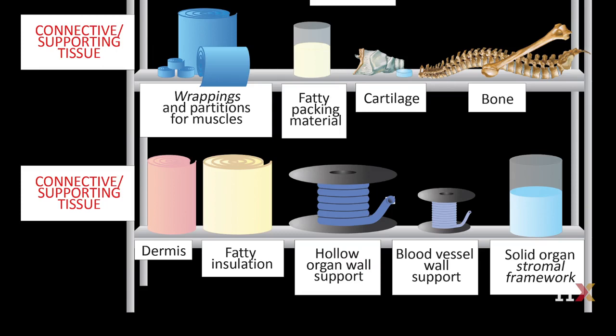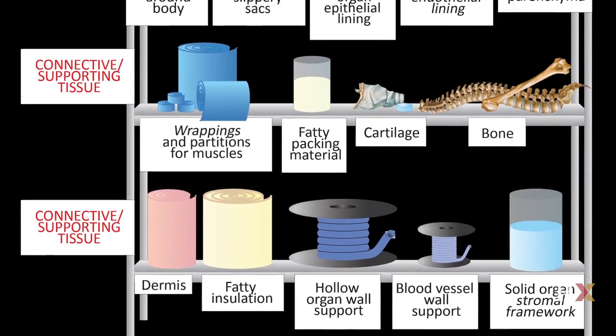We have packing material that will go around blood vessels to fill up spaces around them between the muscles. We have sheets of insulation that will be used under the skin for thermoregulation. And we also have tubes of connective tissue that will be used to support epithelium and muscle tissue in hollow organs.